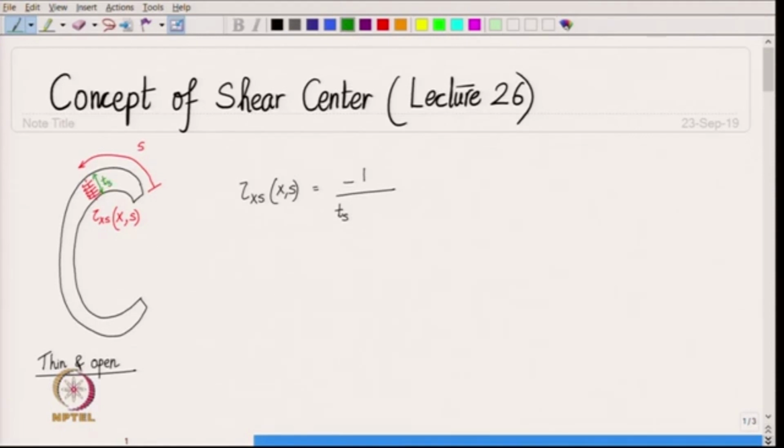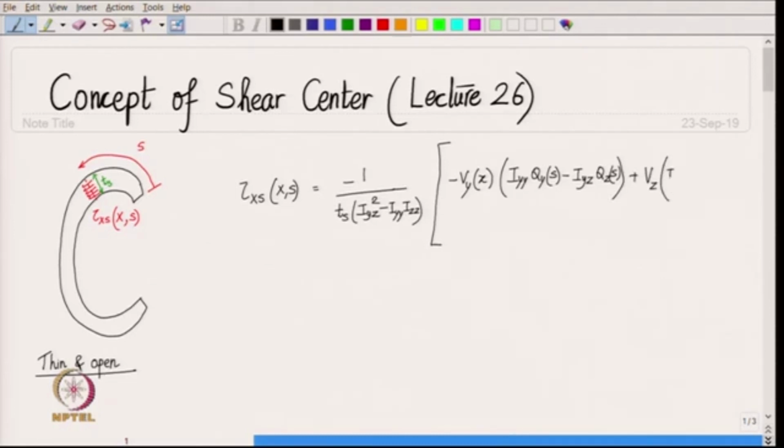T s. So, minus 1 by T s into I y z whole square minus I y y into I z z, then this is multiplied by minus V y, which is a function of x, the axial coordinate x, into I y y times q y, which is the function of the arc length S, minus I y z times q z of S, okay, and plus V z into I y z into q y minus I z z into q z.